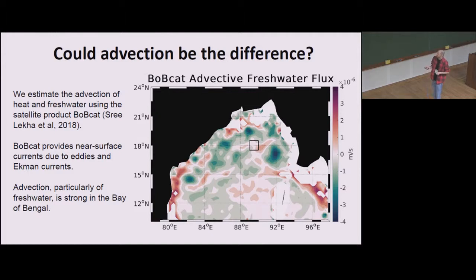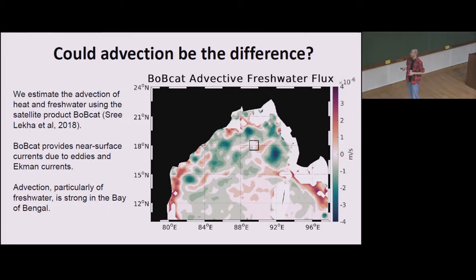And what you can see here is what I calculated to be the advective freshwater flux. It's in meters per second. It's kind of like what you would put into a model as far as rainfall and evaporation is concerned. There's lots of heterogeneity in the bay, but you see these really intense fresh areas, mostly along the edge, less intense towards the center, and areas near energetic currents have higher values.